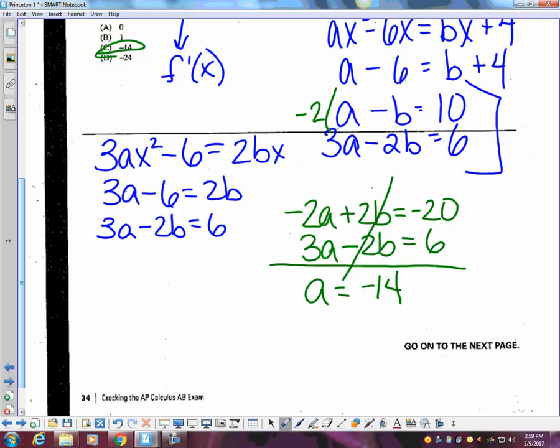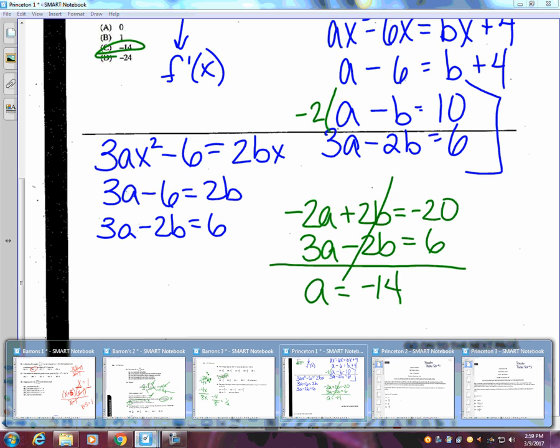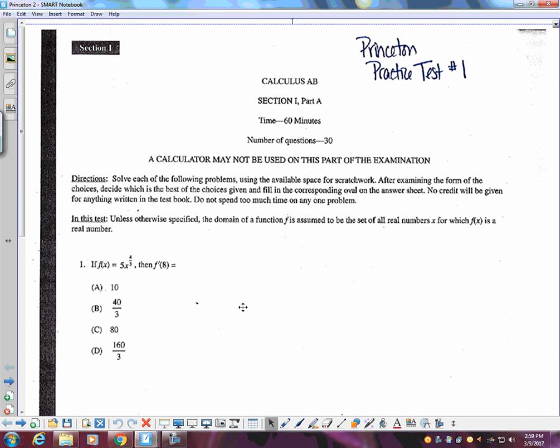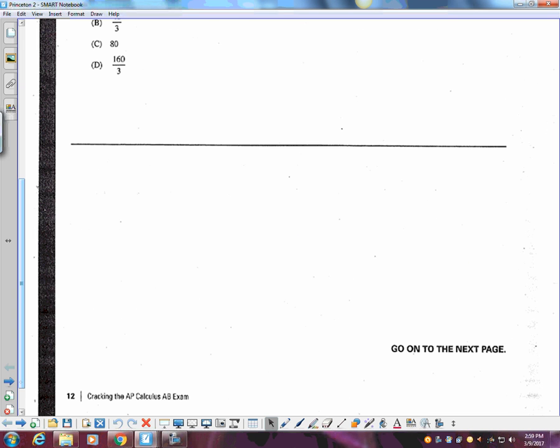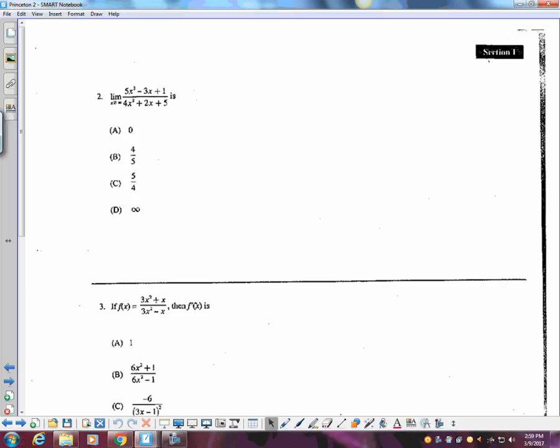Okay. Where are we headed, Captain? Oh, Princeton 2? Yeah. Number dos. Wait, that's not, is that Princeton 3?